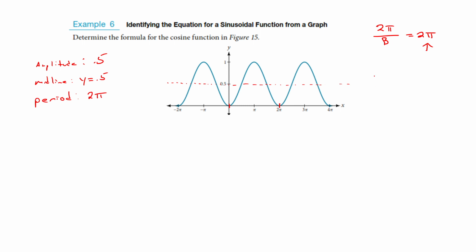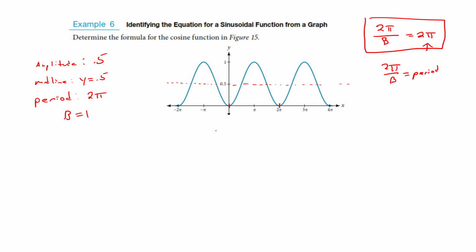Well, I don't have the number in the formula. That's what I'm looking for. So I'm going to use this equation here. Well, I should do it like this. 2 pi over b is going to equal the period. Do you see what I'm doing? If I solve this, so I read the period off the graph, but I need b. Well, if I solve this equation, then I'll have the value of b. Well, in this case, obviously b is 1. Okay, so all of this to show you just how to find that b is equal to 1.